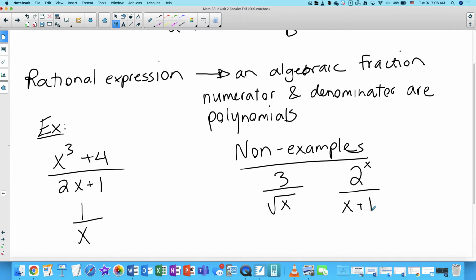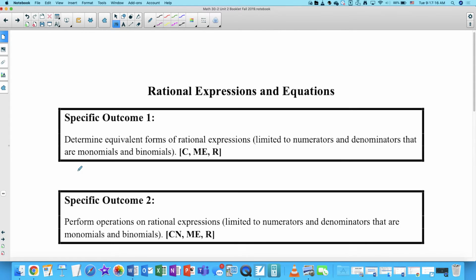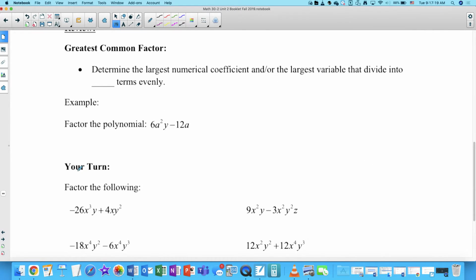What we're going to focus on today is we're going to review factoring, since these all involve polynomials, factoring is going to be one huge step in the process of working with these expressions.